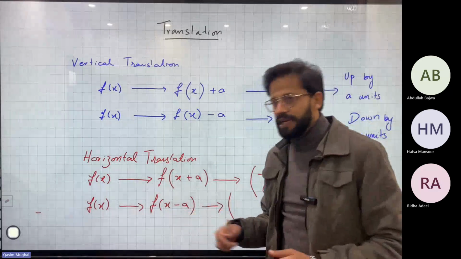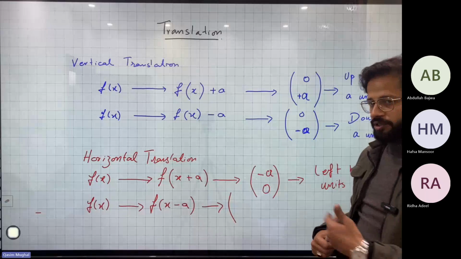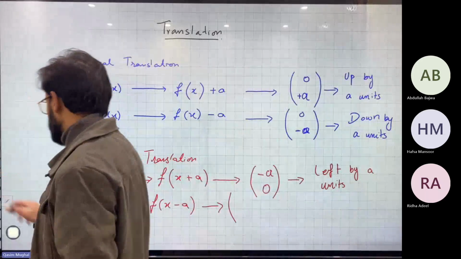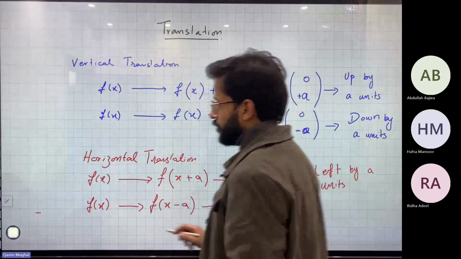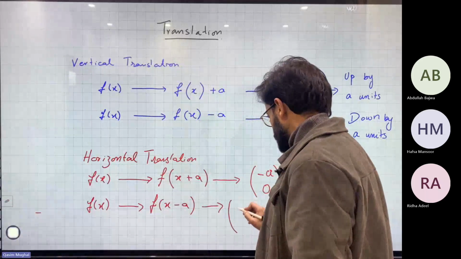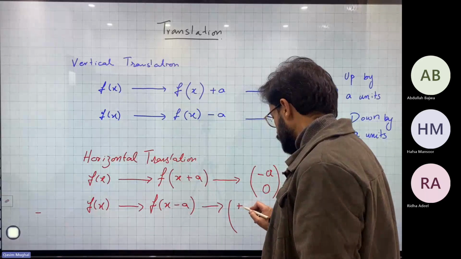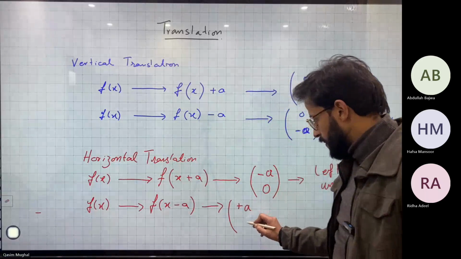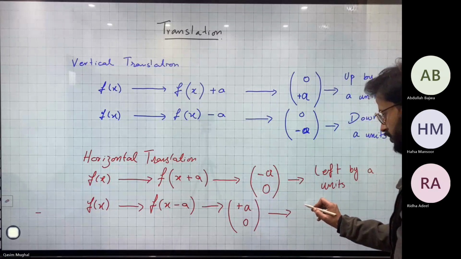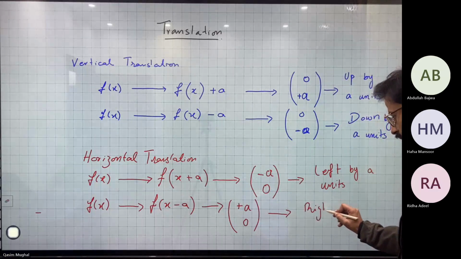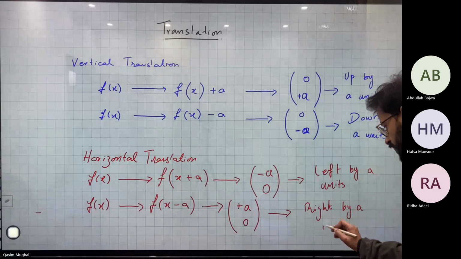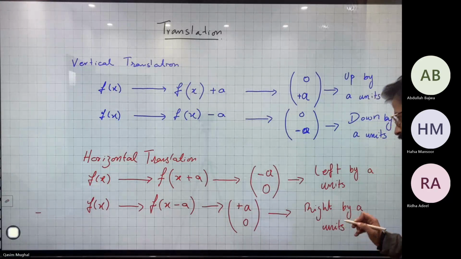So apparently it looks like the graph is going to shift left, but in reality, whenever you're doing a horizontal transformation, the behavior is opposite. So the graph is going to move to the right by a units. You can describe it as right by a units.